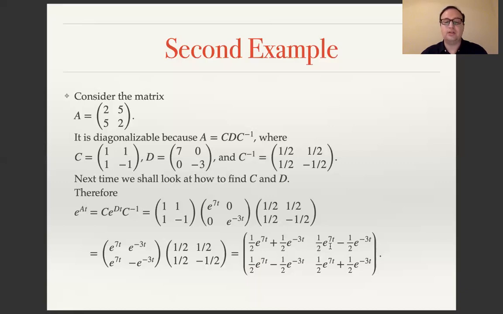The second entry is 1/2 times e to the 7t minus e to the minus 3t, and this is equal to the third entry. The fourth entry is the same as the first, so it's 1/2 e to the 7t plus 1/2 e to the minus 3t.